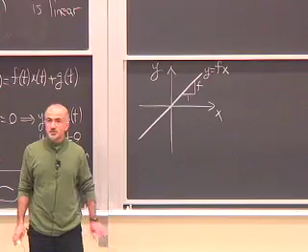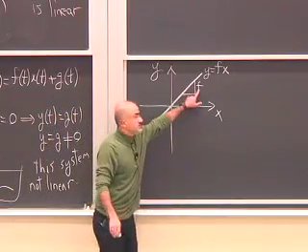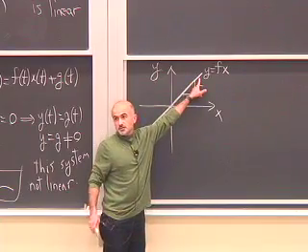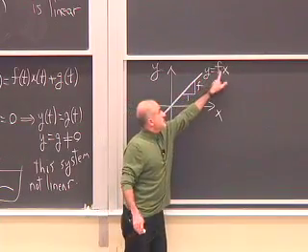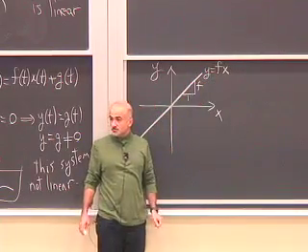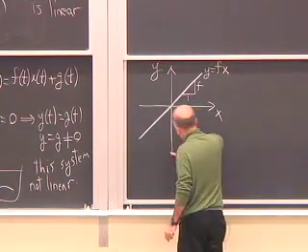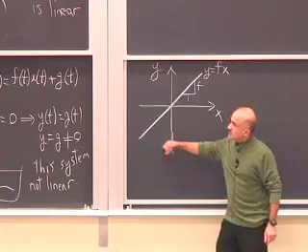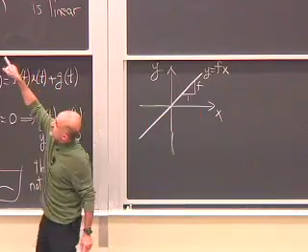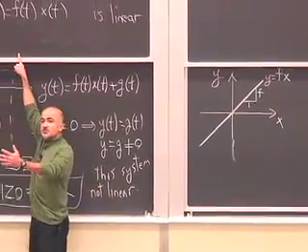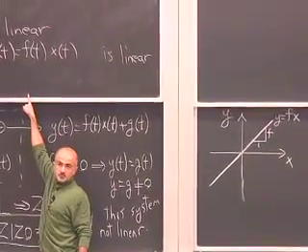Constant. I'm not talking about functions here. This f is a number. So you had lines that went through the origin. When x was 0, y was 0. This would be the analog of this system here, except now we've generalized it to functions of time.